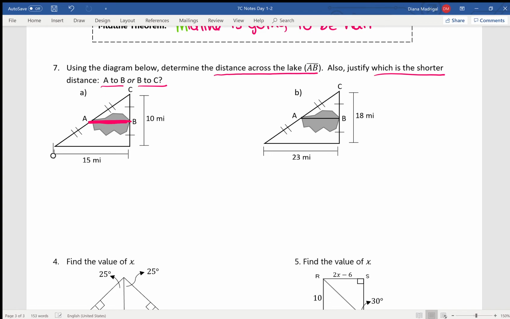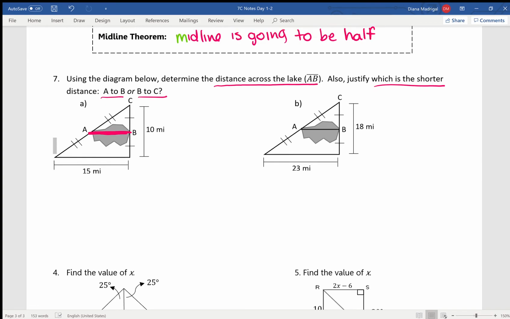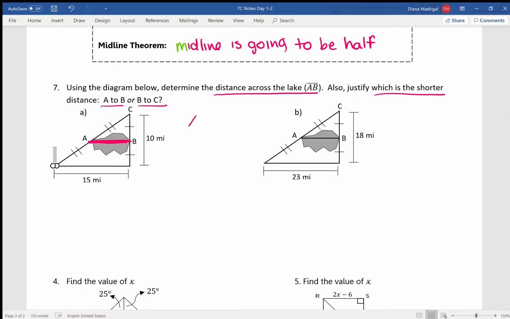How much is that? Well, this is the midline theorem, okay? Again, we have a big triangle, and then we have this line in the middle, and it cuts my triangle into 2 smaller ones. It makes a smaller version of the big one.